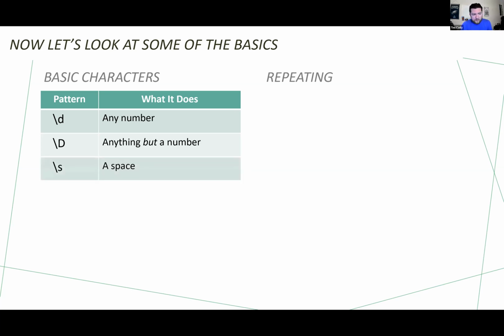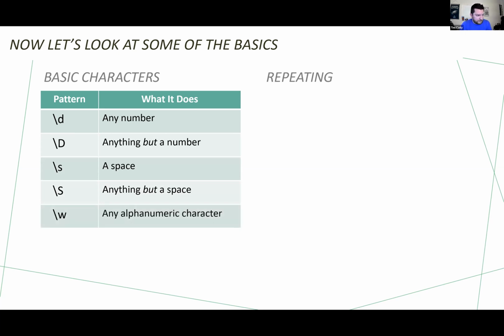And it works the same way with spaces, lowercase and uppercase, going to return to you a space or anything but a space. And the same thing with alphanumeric characters. Lowercase and uppercase do the opposite.